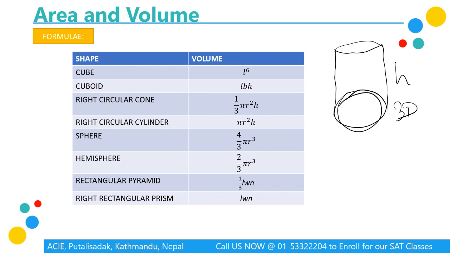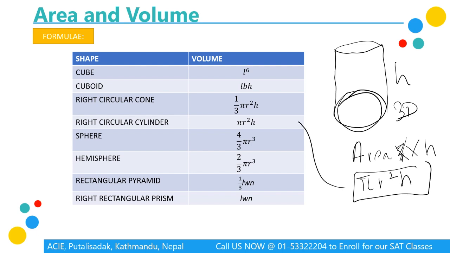Therefore, we have to multiply the area of this by the height that has been added. So that's going to be pi r square h, which gives you the formula of the volume of the right circular cylinder.